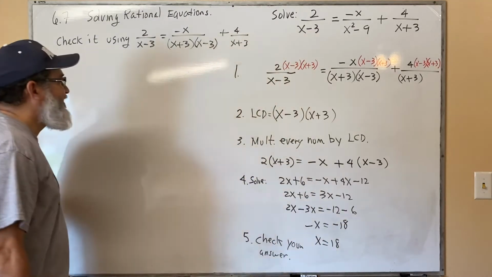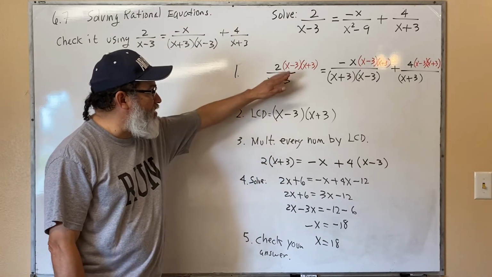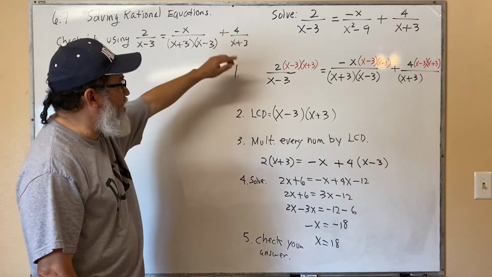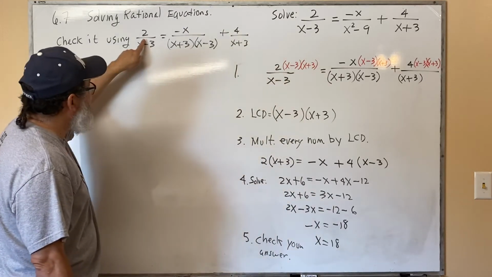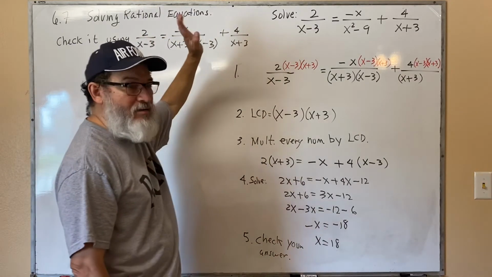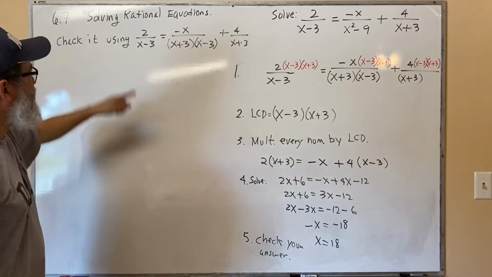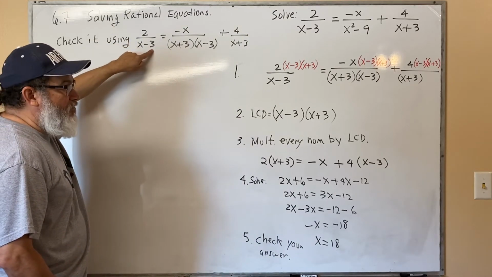All right. So you don't check it here. This is the result of this after you simplify. You gotta check it without doing this, okay? Look, I don't have the LCD there, I don't have the LCD there, and I don't have the LCD there. Check it. 18 minus 3, 15.